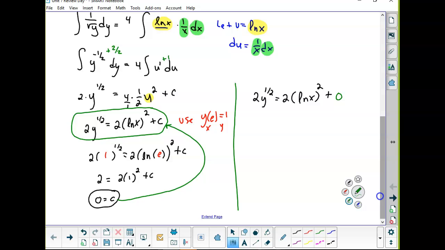But now our goal is to solve for y. So I'm going to divide by 2. And technically that 0 is gone, so we don't need it there. So you're left with y to the 1/2 equals the natural log of x squared.